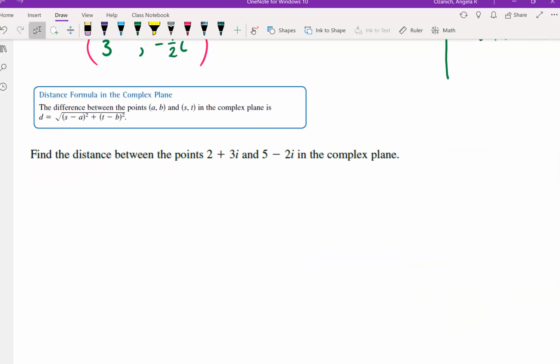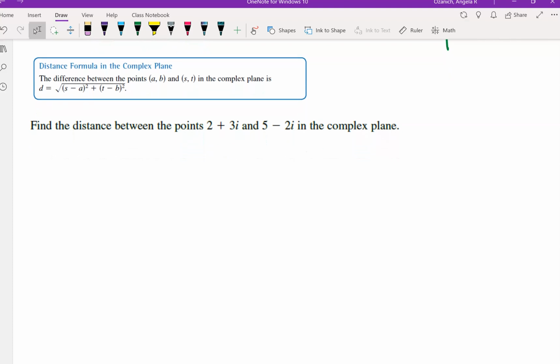Next, distance formula. A little bit trickier in that we are taking the absolute value. Even though we have a 2i and a 3i here and we're graphing on an imaginary plane, we are not going to use that i value in your formula.